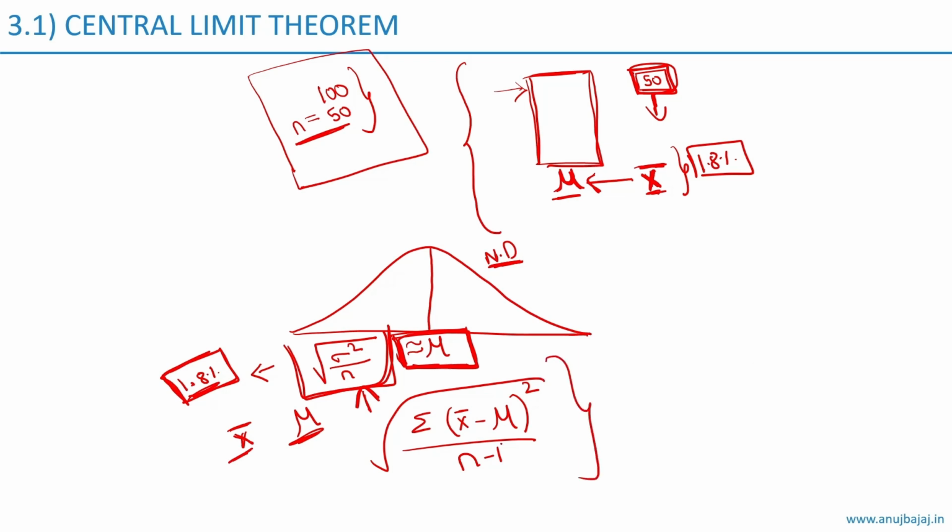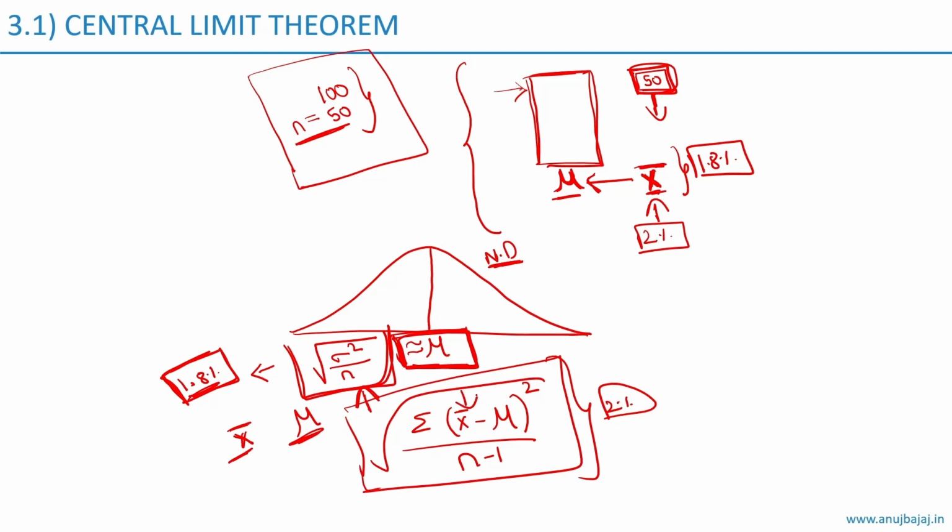Suppose the answer to this standard deviation is 2%. We can say that the sample mean deviates 2% from the population mean. But it is not possible to use this formula because we don't have the data of hundreds of sample means, nor do we have the average of all the sample means.